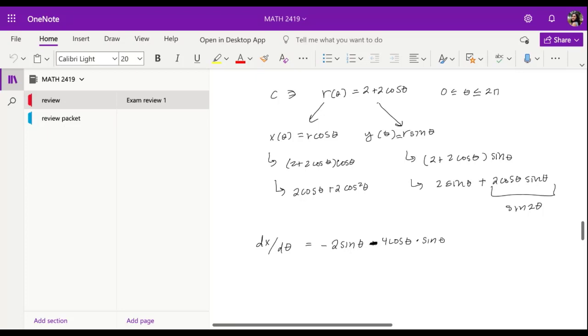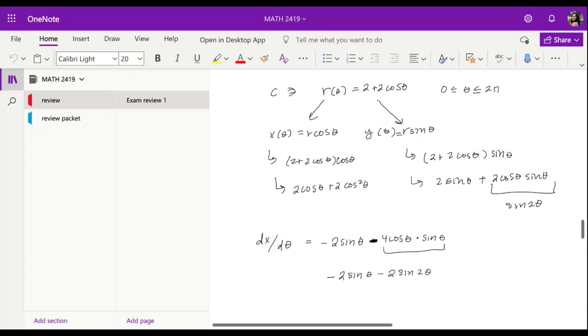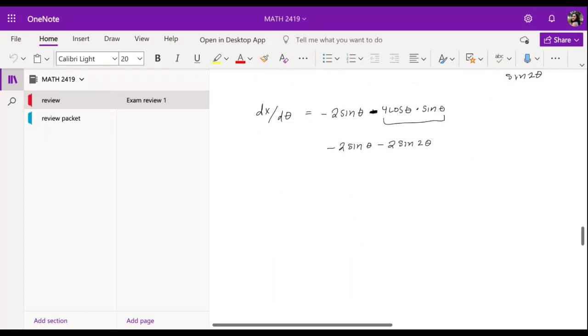So we have negative 2 sine theta minus 4 cosine theta sine theta. Again, we can switch this identity to make it easier later on: negative 2 sine theta minus 2 sine 2 theta. Now we can find dy d theta, and for that we just have 2 cosine theta plus 2 cosine 2 theta.